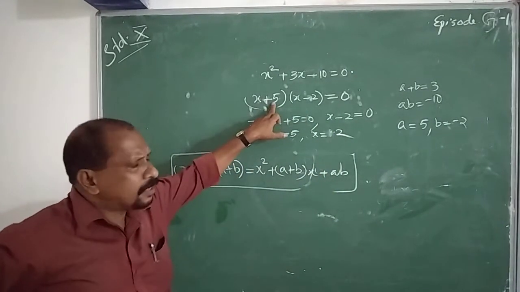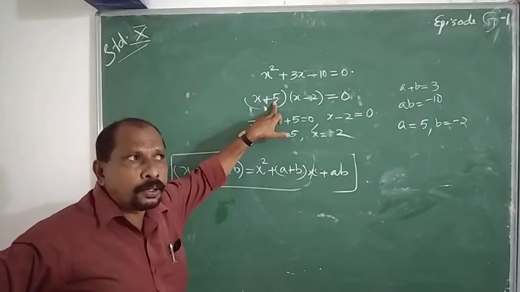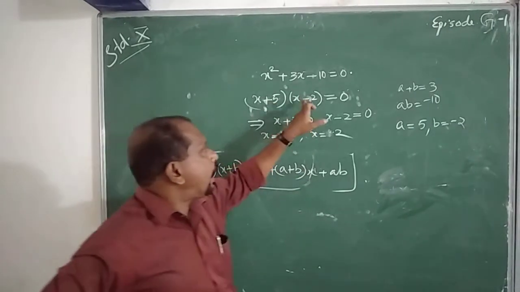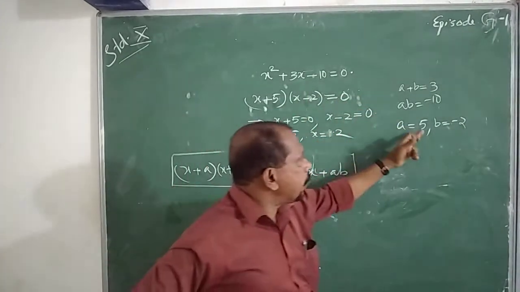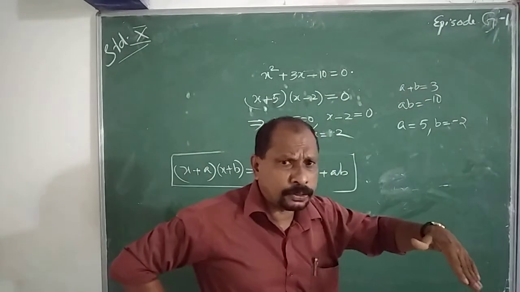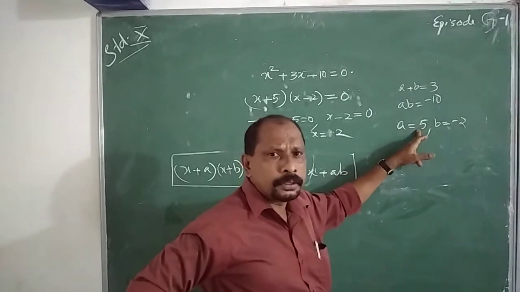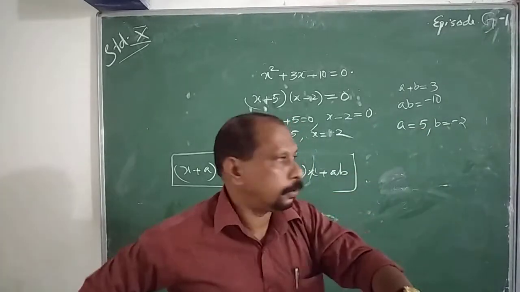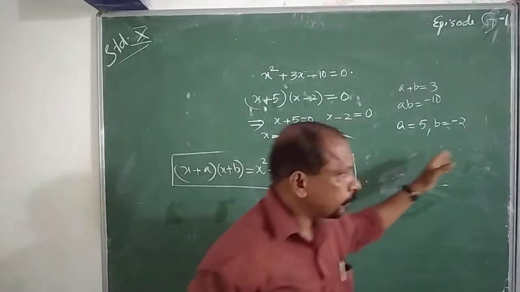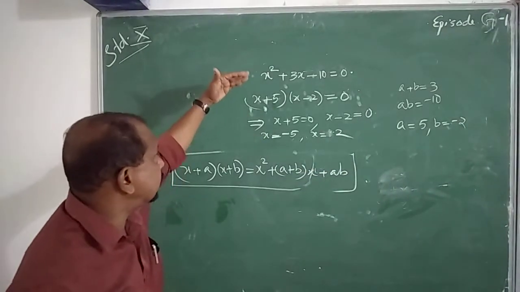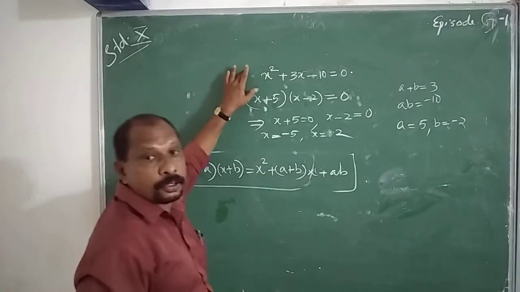That means the factor is x plus 5, therefore the root is minus 5. The factor is x minus 2, therefore the root is plus 2. That means a is 5, so directly we can find the solution: a is 5, therefore the first root is minus 5; b is minus 2, therefore the second root is 2. In all these cases, the coefficient of x square is 1.